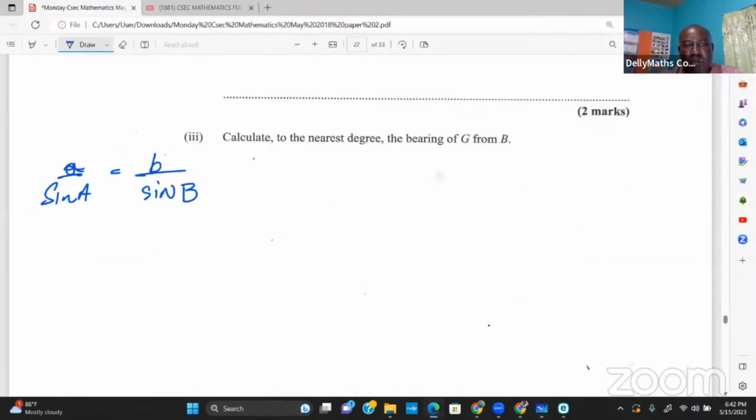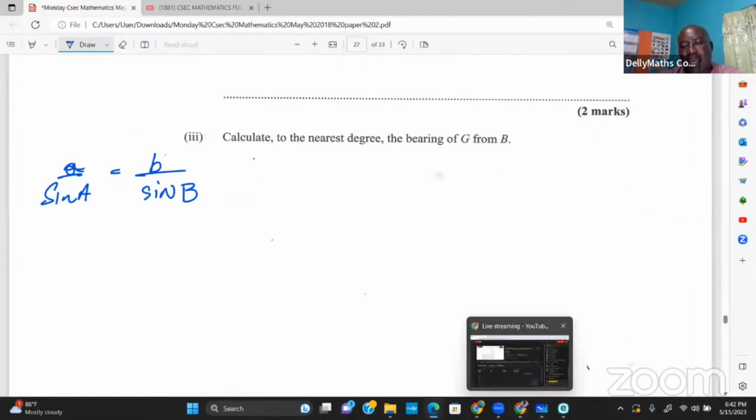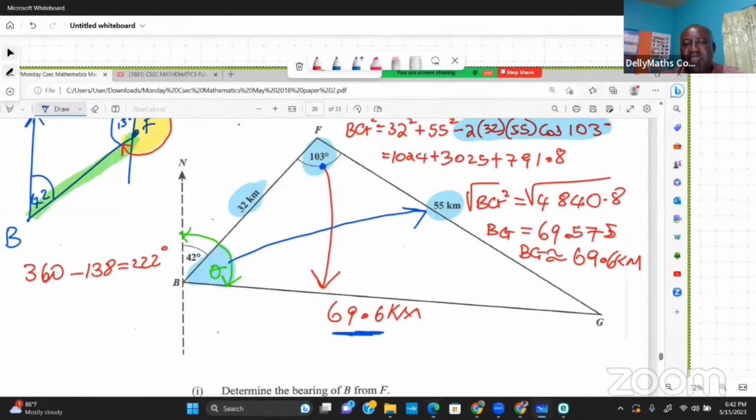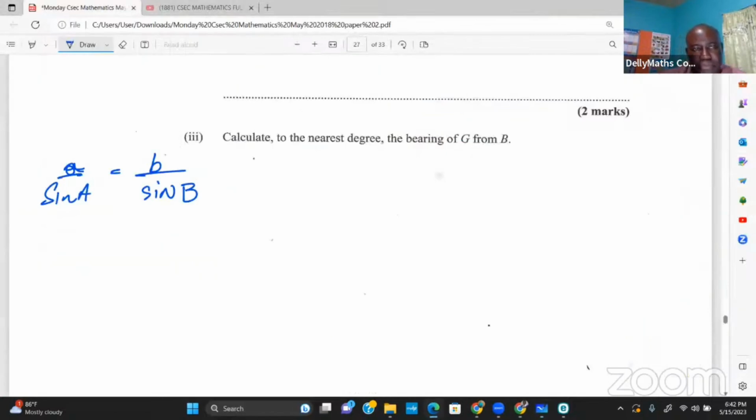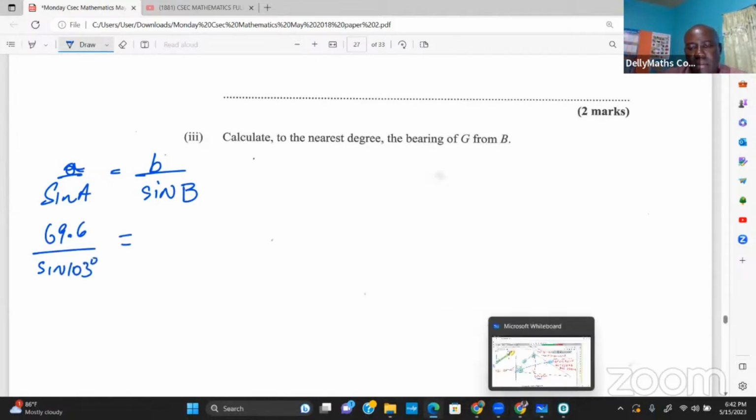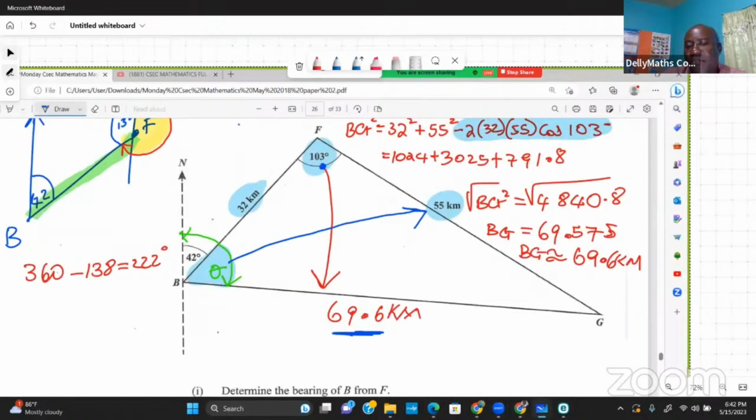All right, so A over sine A. So what are we looking at? 69.6 over the sine of 103 is going to equal 55 over the sine of the angle that we want inside the triangle.